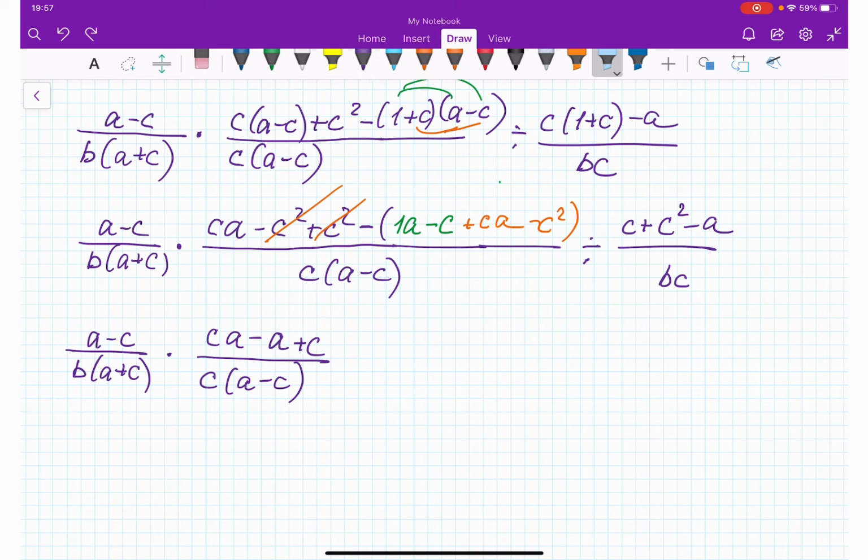I have negative sign in front of parentheses, so I have to flip every single sign. So minus a plus c minus ca and plus c squared.